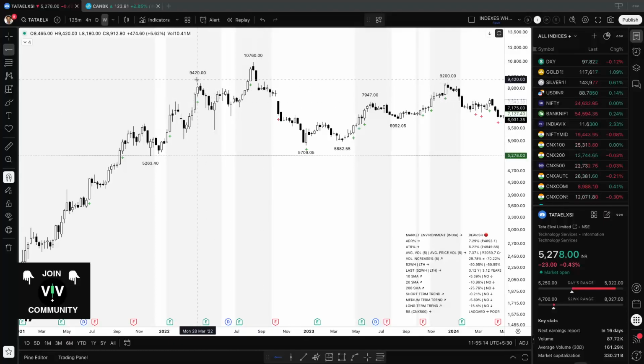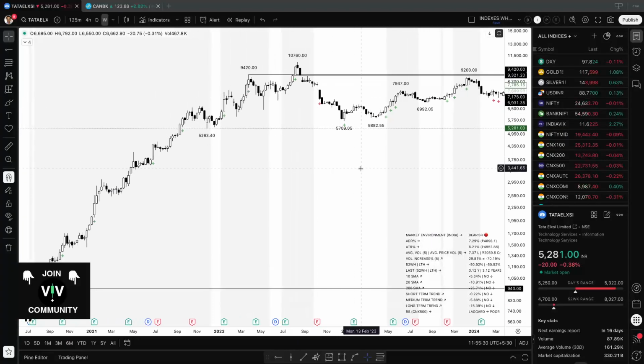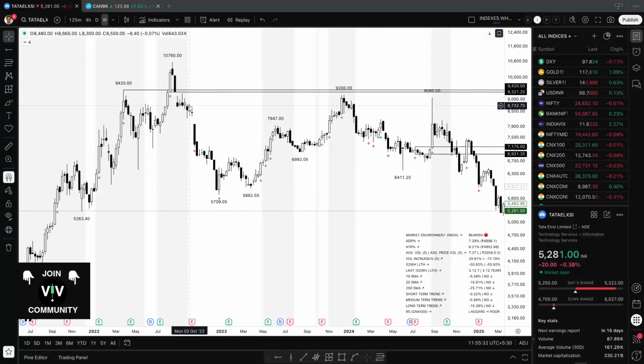So if you mark the high of this candle and the low of this candle, price broke down these two footprints, and after that the background changed, you can see what happened to the stock. Stock never ever went above these levels.